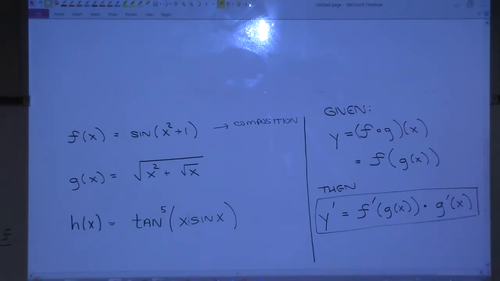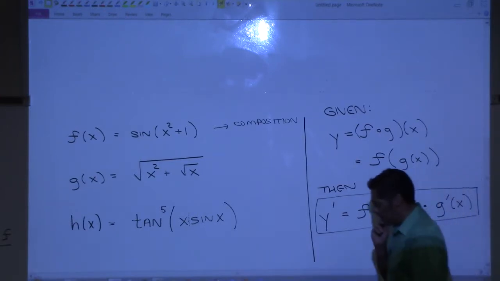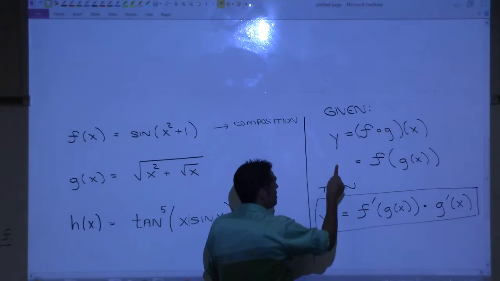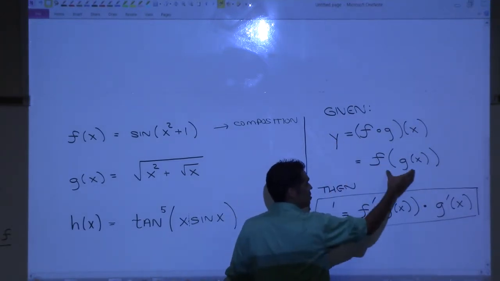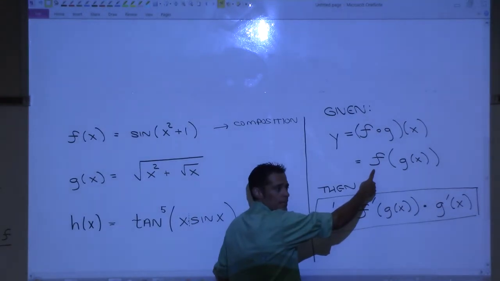The problem is students have trouble understanding how to implement the formula. So let me first verbally say what's happening, and then we'll try an example. It says that if you want to take the derivative of a composition, you first look at the outer function, f.